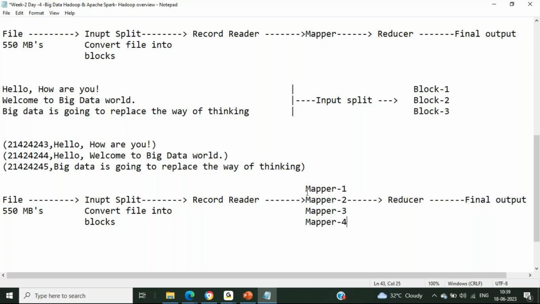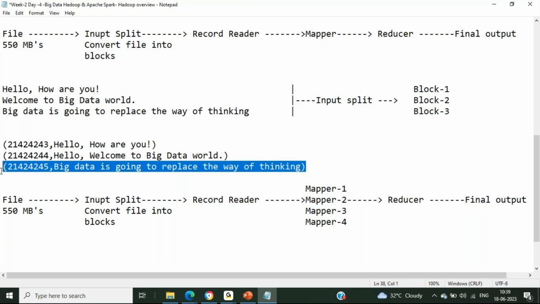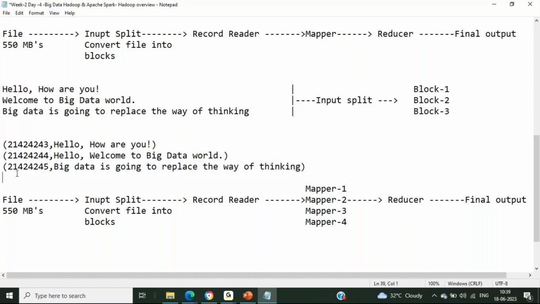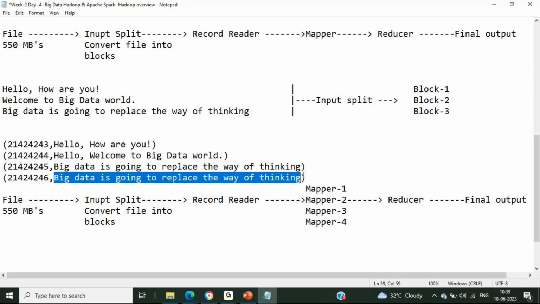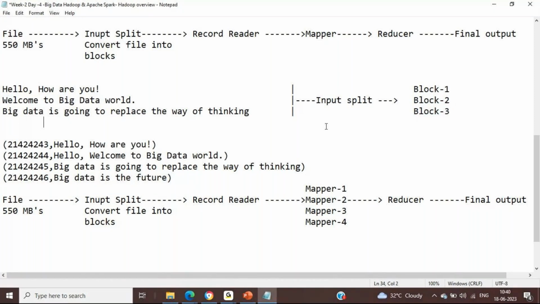Say we were using a 4 node cluster, and let me take one more block, block 4, and I can say big data is the future. So I'm having 4 blocks, and let me capture block 4 over here as well.